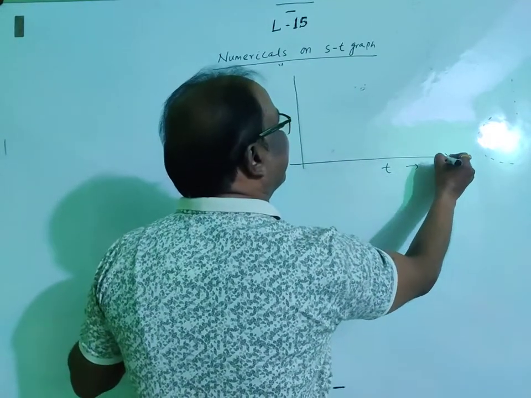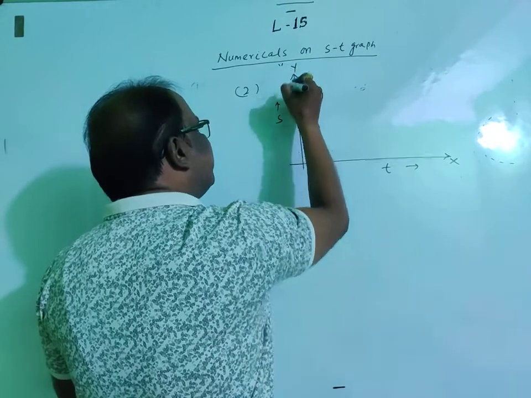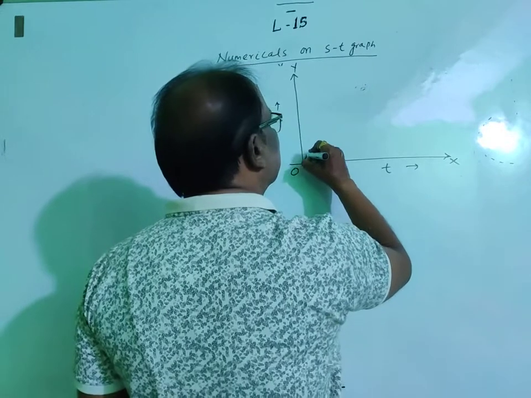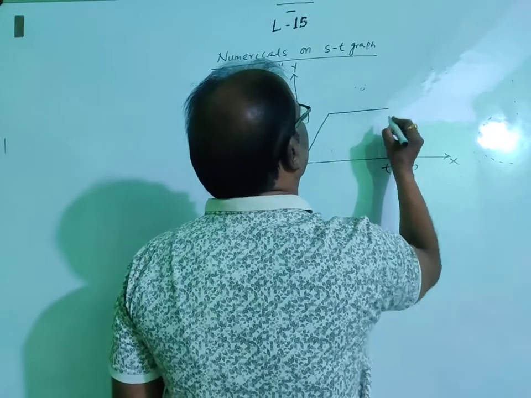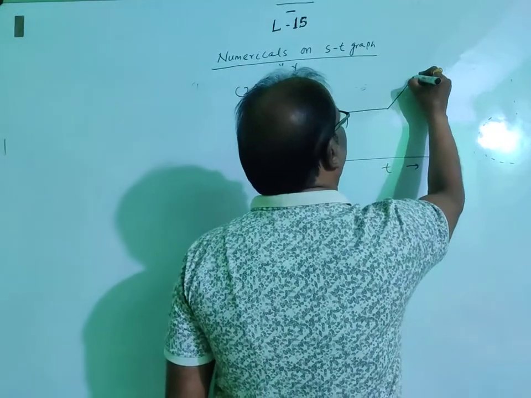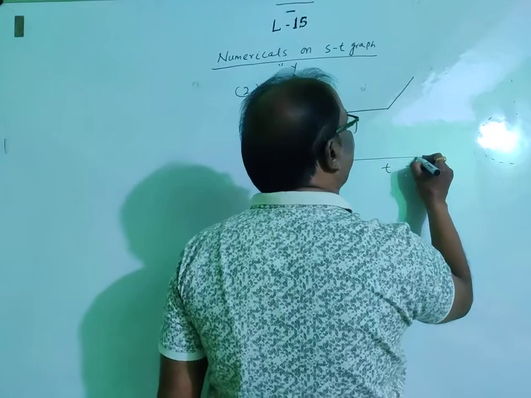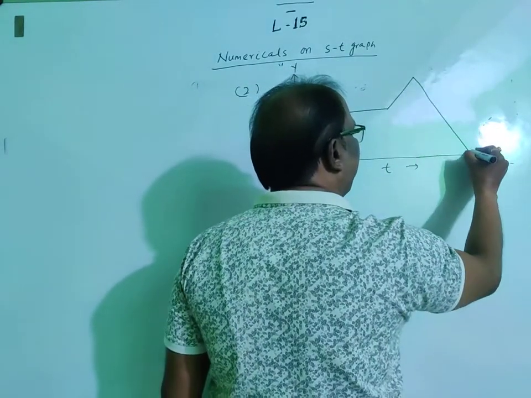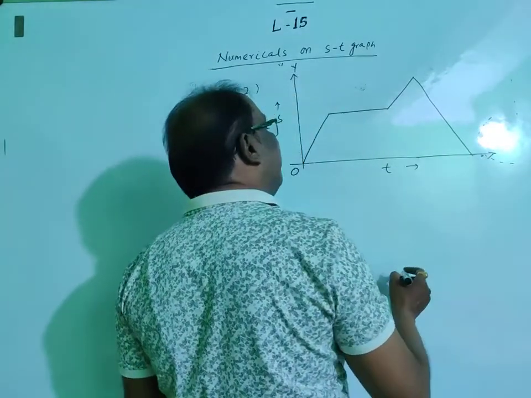Time along the x-axis, displacement along the y-axis, and this is 0. Okay. The graph is like this.